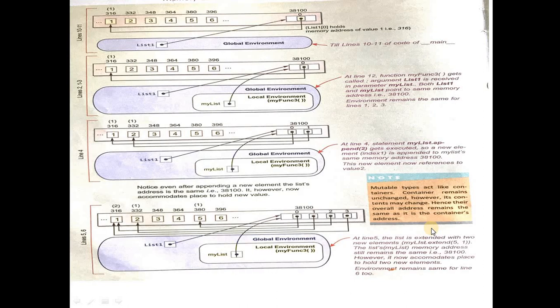We are going to see the next program, of passing a mutable type in a function and changing a parameter. When a new value is assigned to the parameter, what happens there?